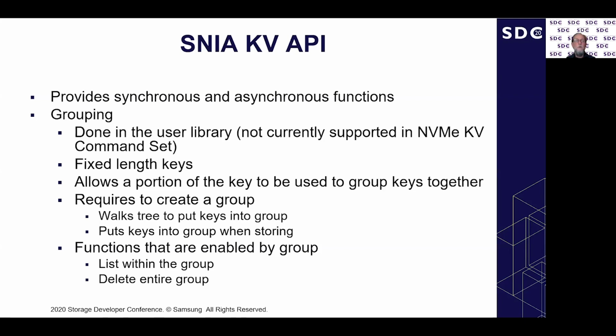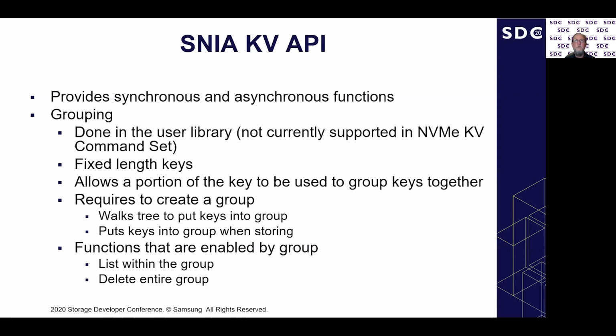Now, it does require you to create a group. You can't just go and utilize it without first creating it. In order to create the group, if you have key value pairs already stored on your device, then the device has to walk the tree to put the keys into the group.